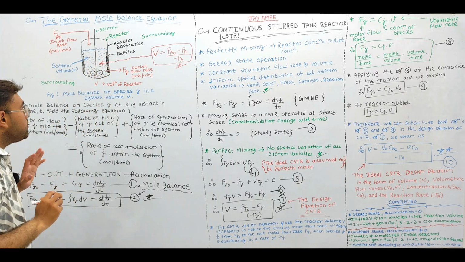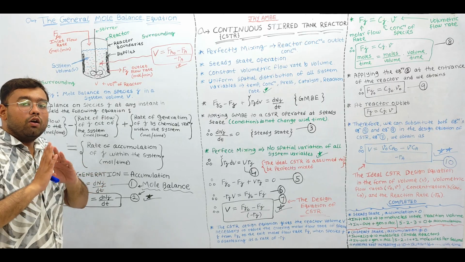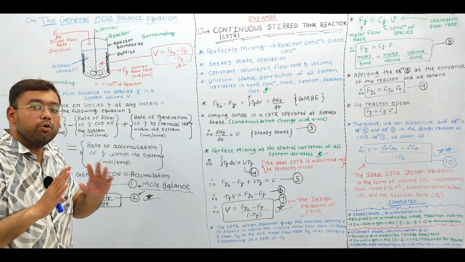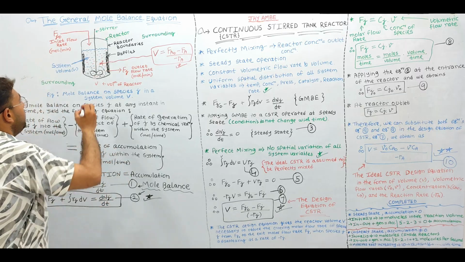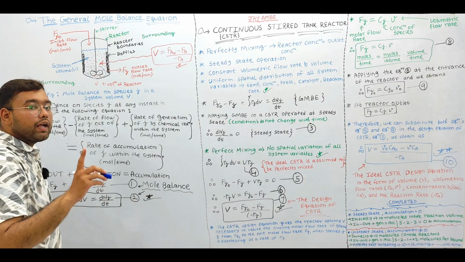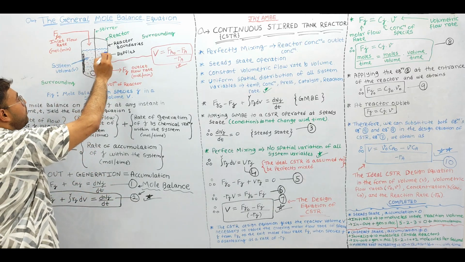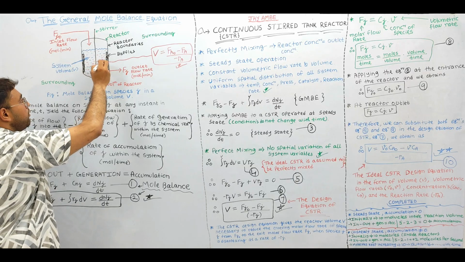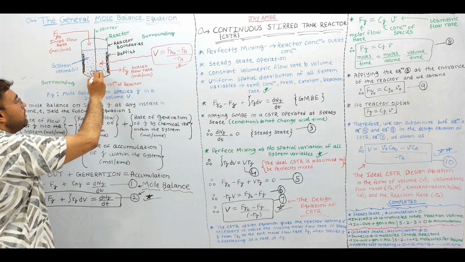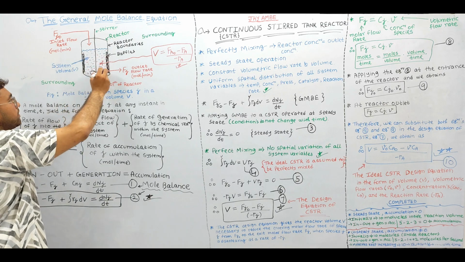So the rate of formation or rate of generation will be uniform throughout the entire reaction volume, because in the perfectly mixed condition we have uniform distribution of concentration, reaction rate, temperature, pressure, and catalytic activity throughout the entire reaction volume.